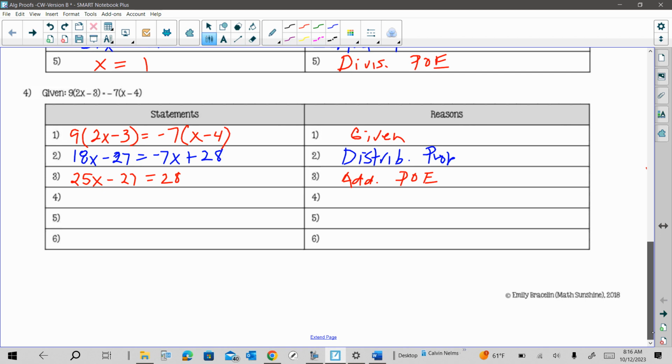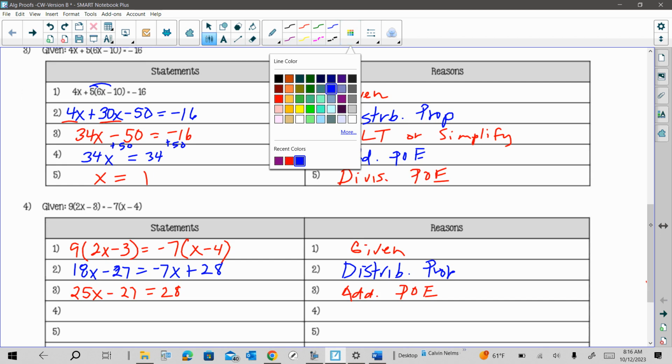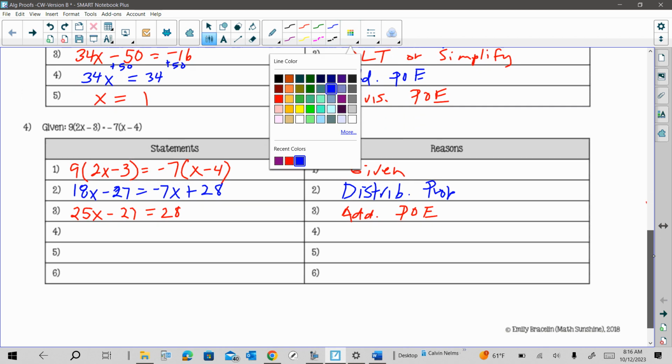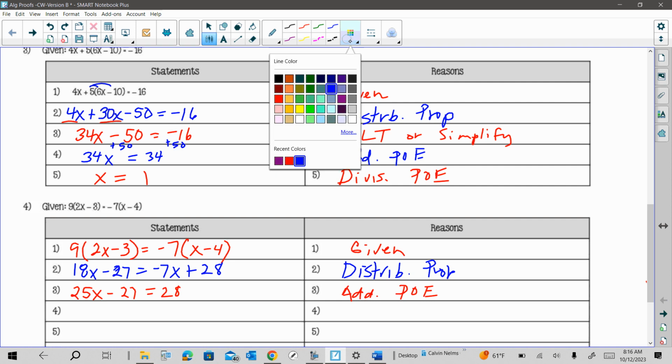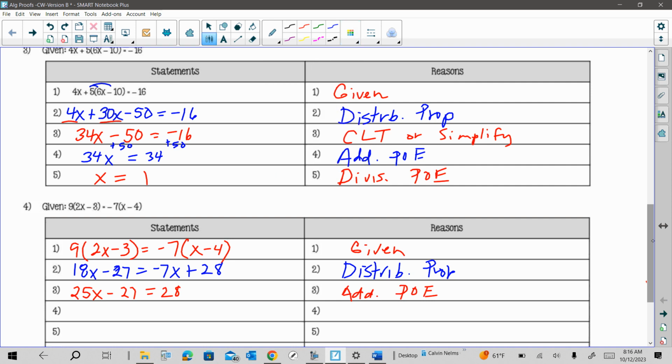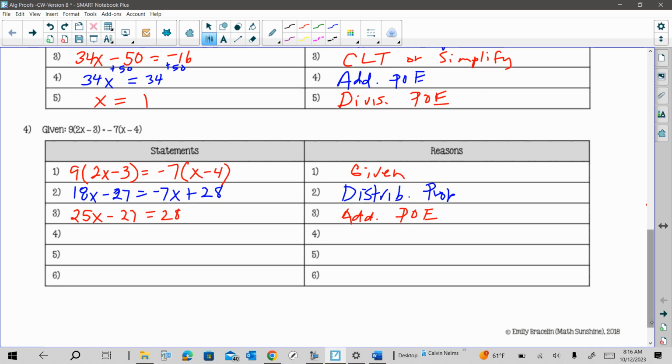Yeah, we're going to add 27 to get the x term isolated. If I add 27 on both sides, it turns into 55. So we have 25x equals 55, and that was our addition property again.